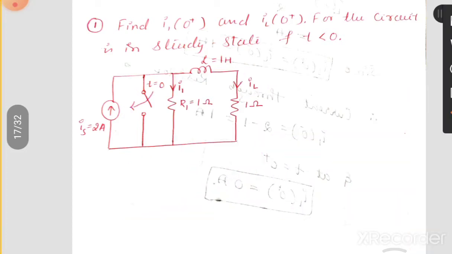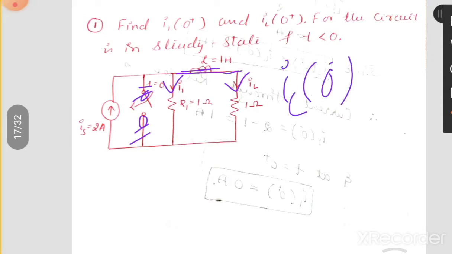Now this will be short circuited and this is open circuited, so you can remove this. Now we can calculate the current flowing through I1 and IL of 0 minus. You can use the current division formula.